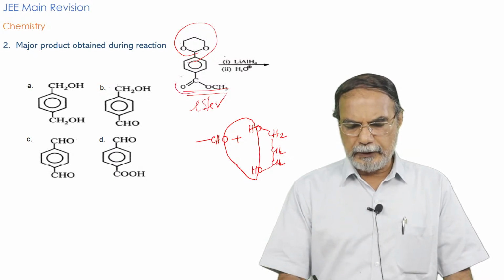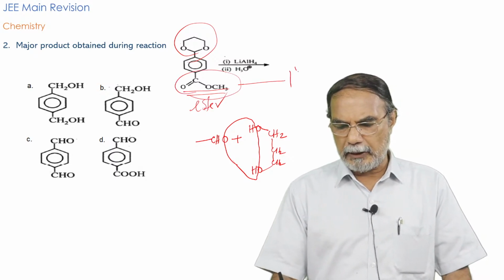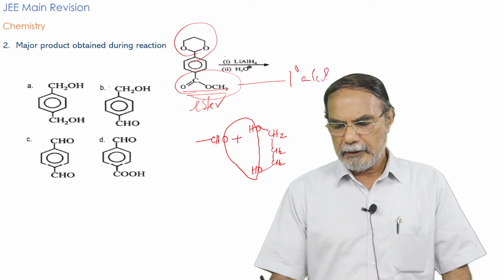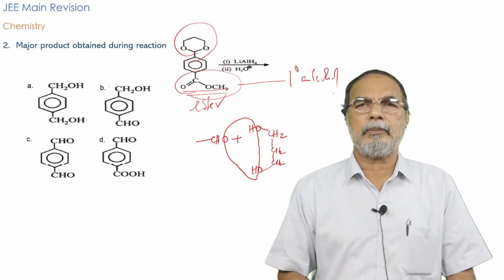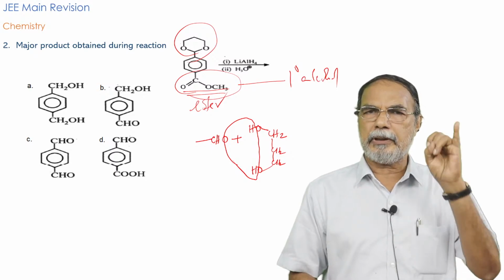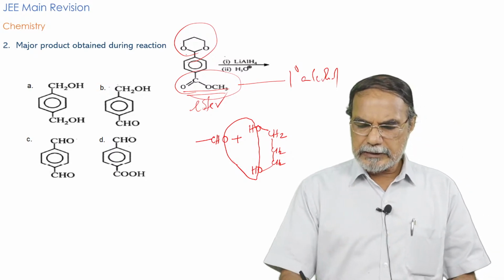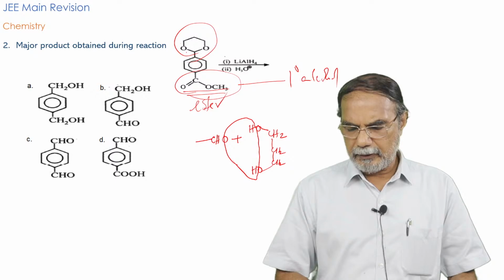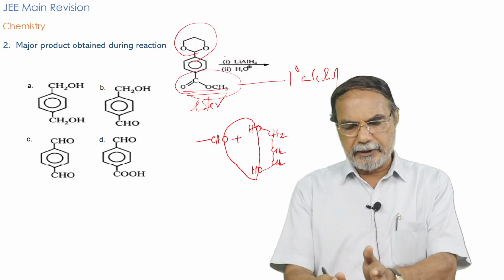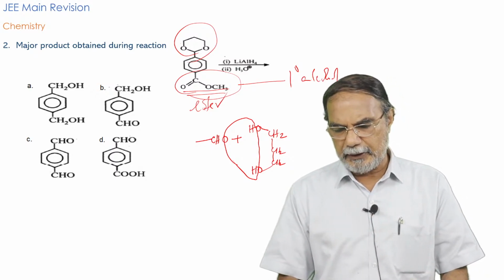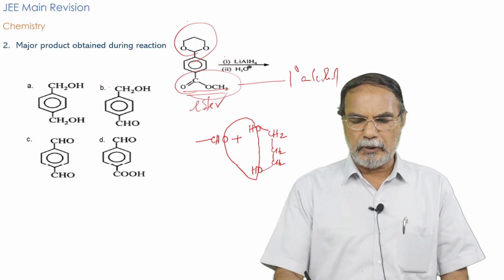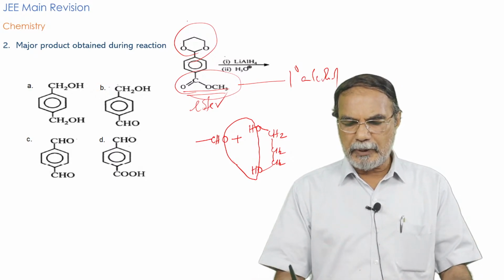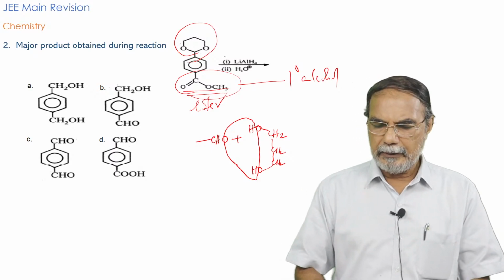Ester is reduced to a primary alcohol by lithium aluminum hydride. That is one point that you have to note. And this cyclic structure, which was originally generated in this compound by the reaction with an aldehyde and glycol, is also reduced by lithium aluminum hydride.